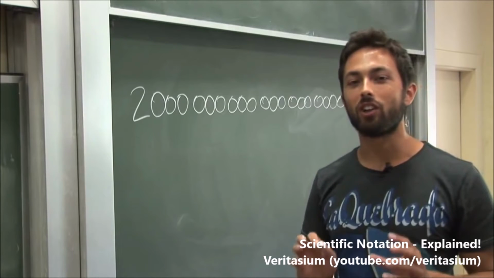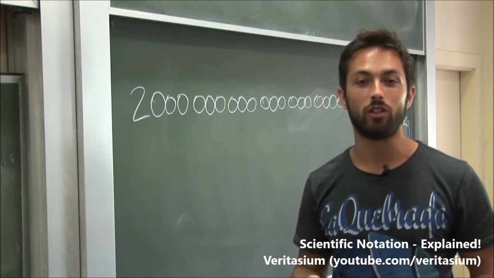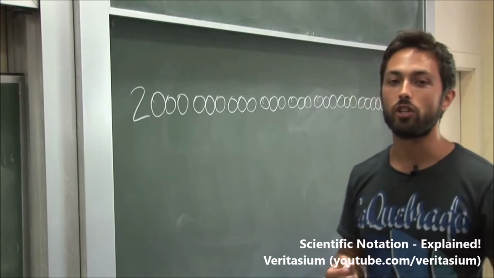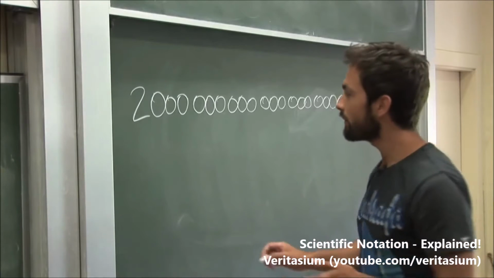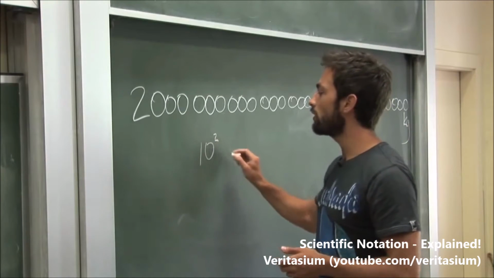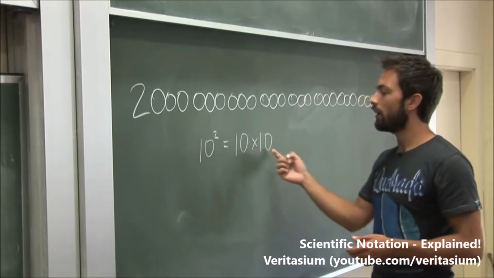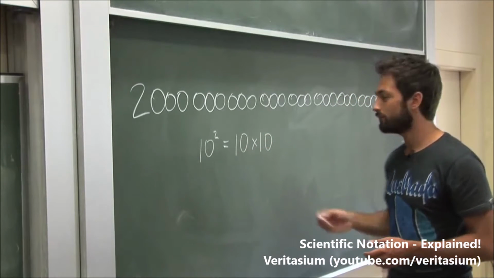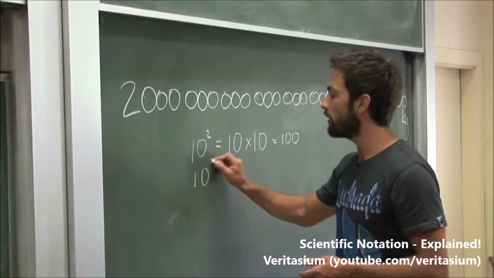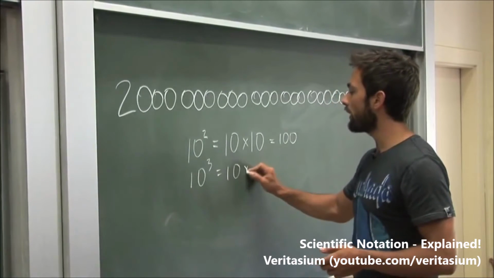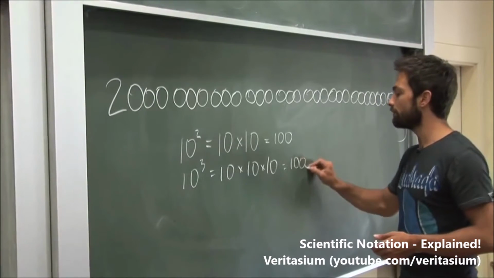So to represent large numbers easily, we use something called scientific notation. Scientific notation takes advantage of powers of 10. For example, 10 to the power of 2 means take two 10s and multiply them together, and you get 100. 10 to the power of 3 means multiply three 10s together, and you get 1,000.